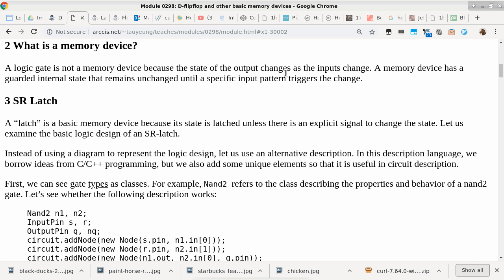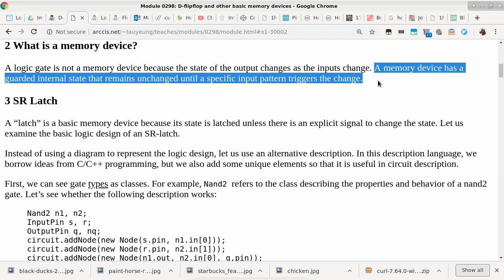A memory device has a guarded internal state that remains unchanged until a specific input pattern triggers the change. This is an important sentence because it qualifies what I count as a memory device.